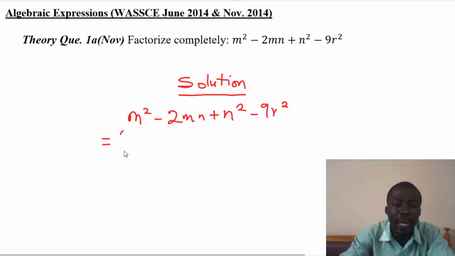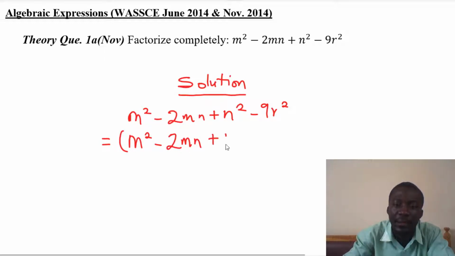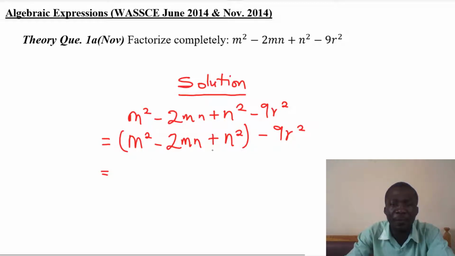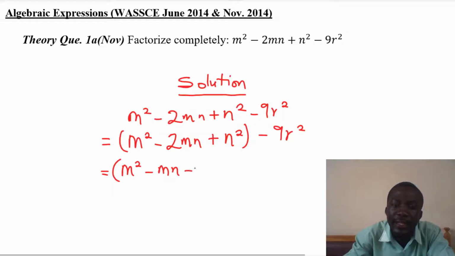So what we are going to do is that we are going to group the first 3, which will give us m squared minus 2mn plus n squared, then minus 9r squared. We have 3 terms, but we can see that this -2mn, we can break it as -mn, which will give us m squared minus mn minus mn, then plus our n squared, then we have minus 9r squared.